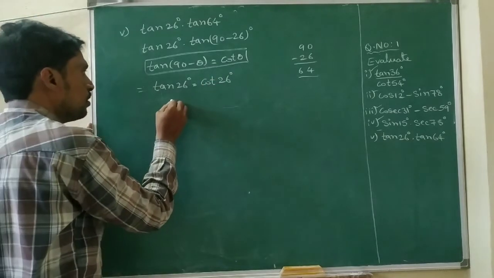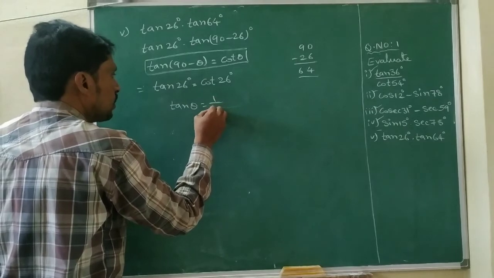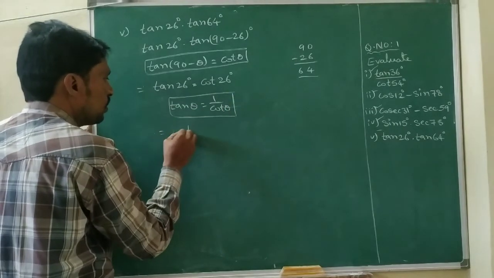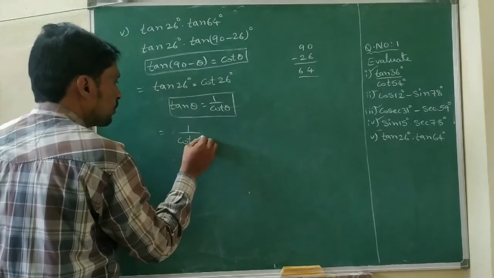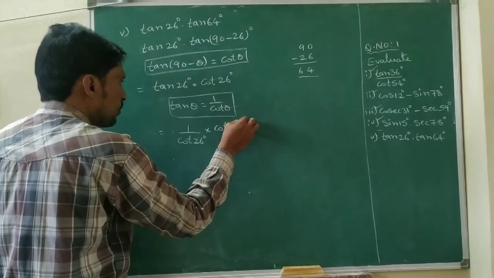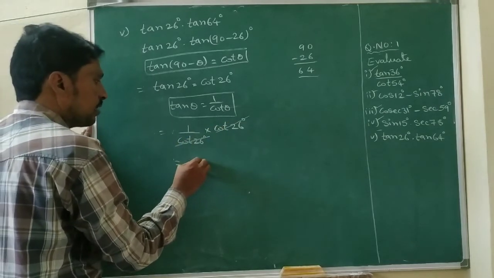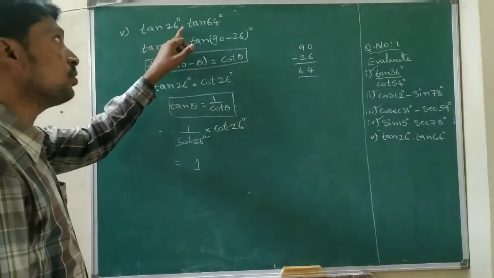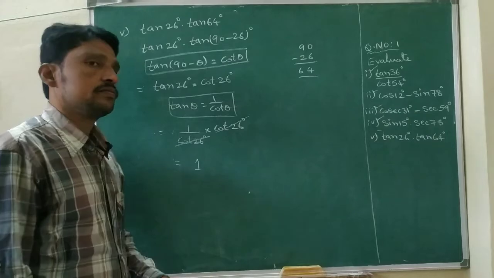Already we know that tan theta equals 1 by cot theta, so that is 1 by cot 26 degrees into cot 26 degrees. The cot 26 degrees cancel, and we get the answer 1. So tan 26 into tan 64 degrees equals 1.